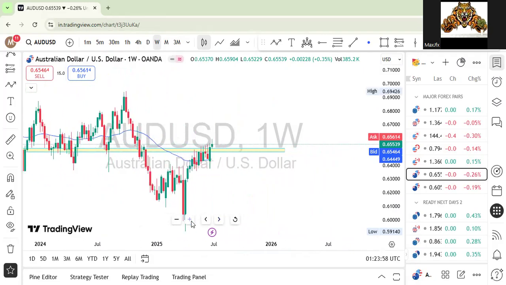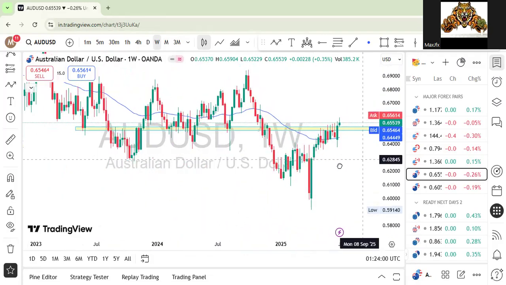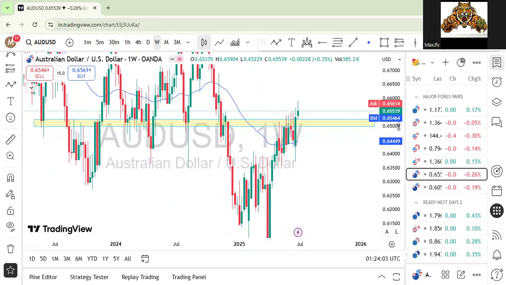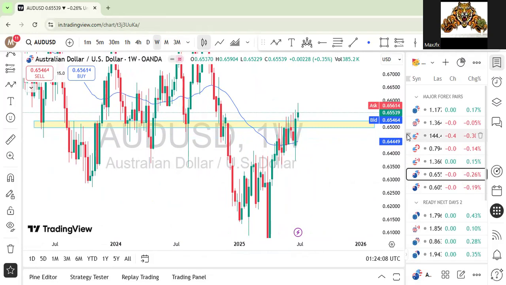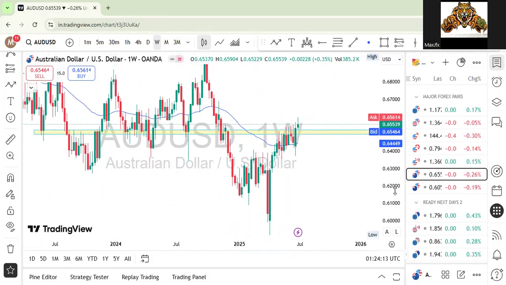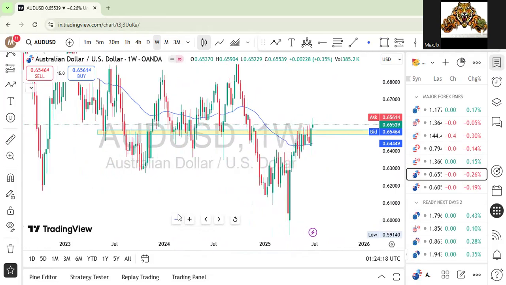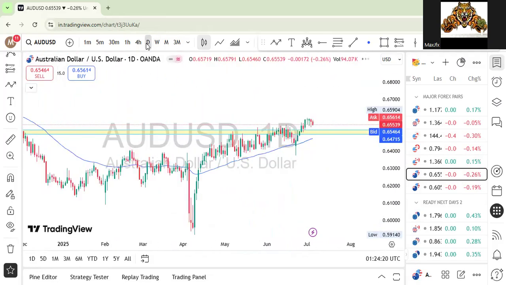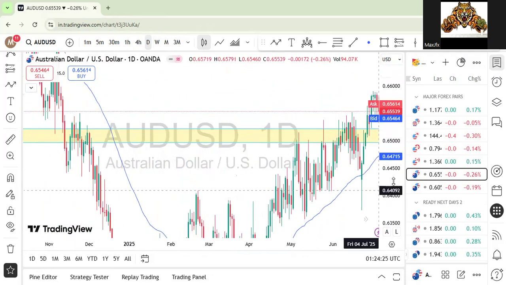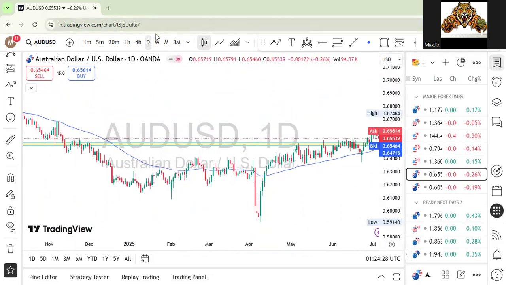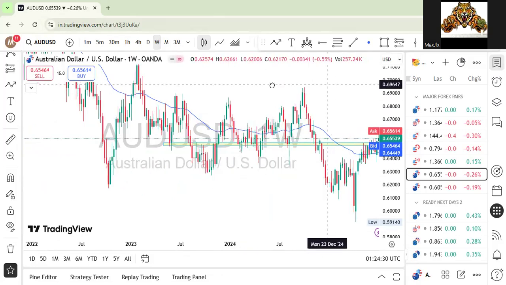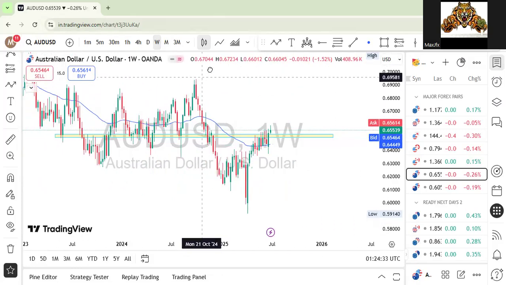So now, what is the trend? You can see it's bullish on the weekly. It is very bullish, but it is not too high for us to sell, it's very bullish. So what you are going to do is we are going to buy.